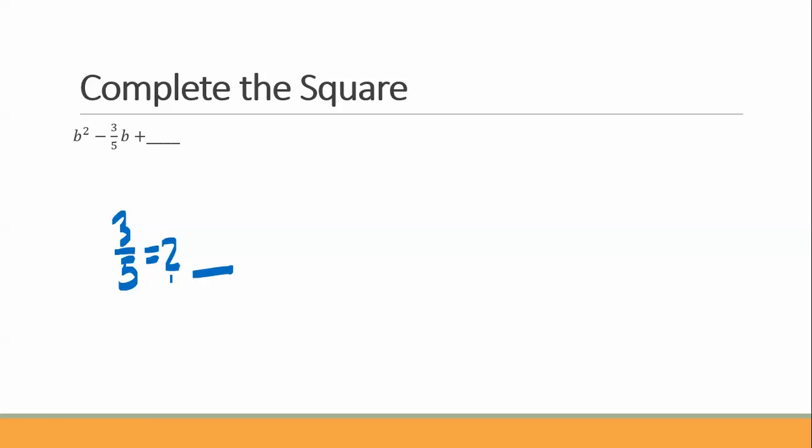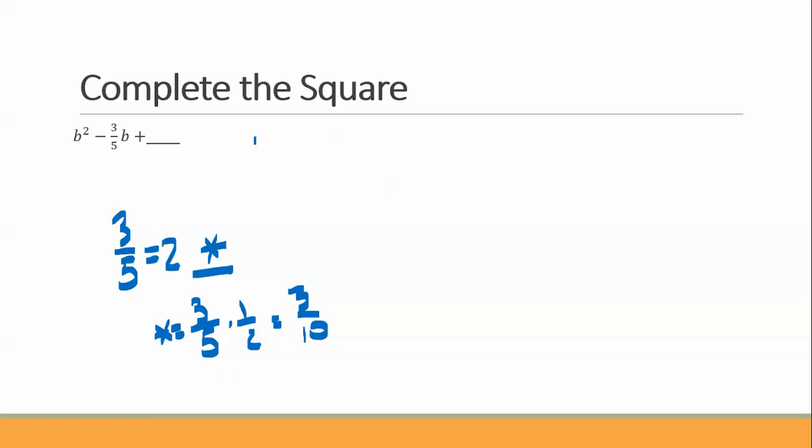So if we divide both sides by 2, we have this, we can even call it star. Star is going to be 3/5 times 1/2. So that's 3/10.